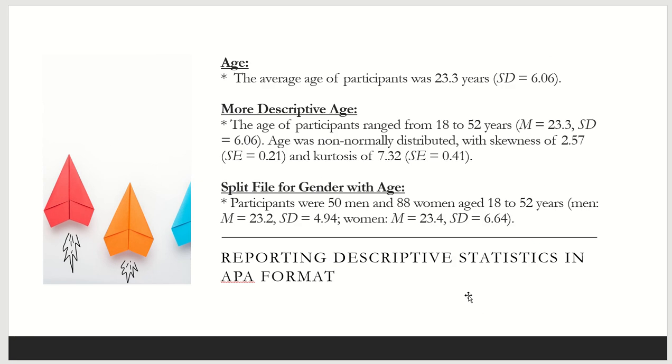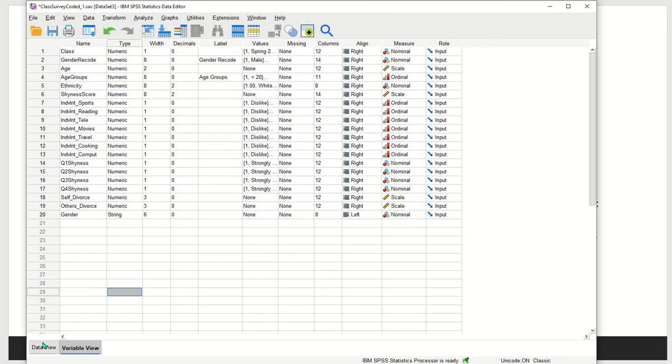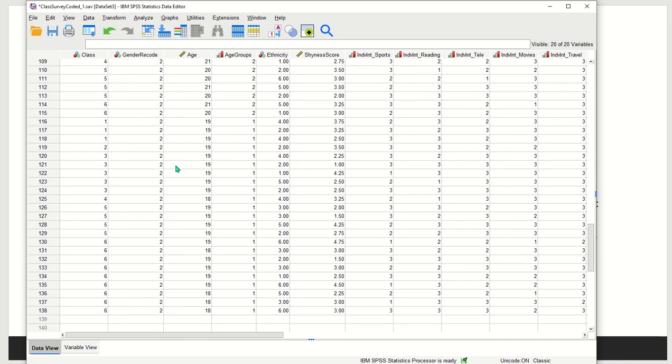Okay, so now on to performing descriptive and frequency tests using SPSS. So we have this data set here, and we're going to look at how you would report general demographic data. You should note that when you're reporting frequencies, you should stay away from scale level data.